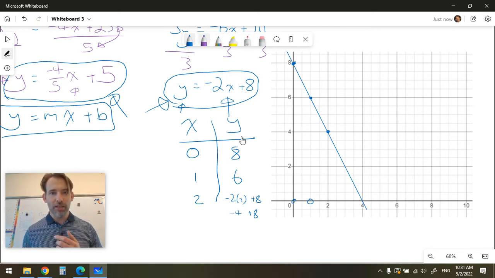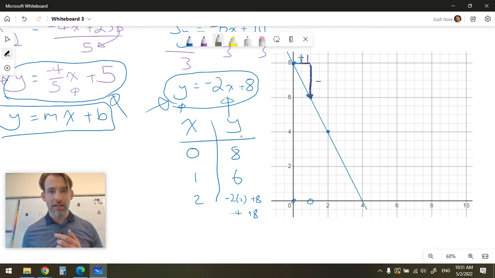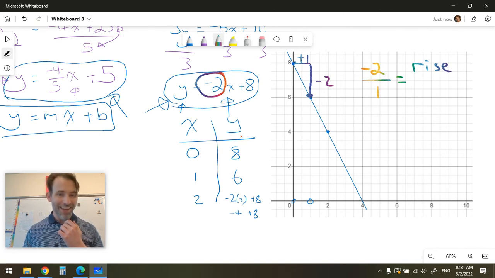When we were graphing this, we went over 1 and down 2, okay? This is plus 1 in the x, negative 2 in the y. And this number here gives us that. It's negative 2, which is the same thing as negative 2 over 1, which is the rise, or change in y, over the run, or change in x.